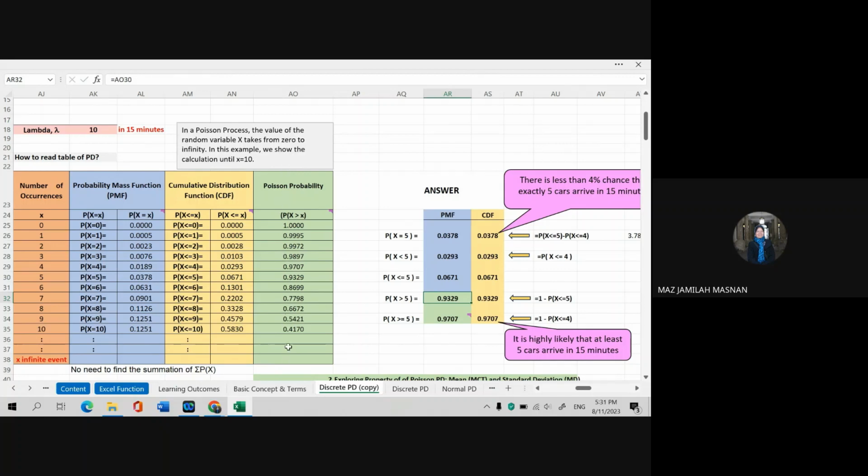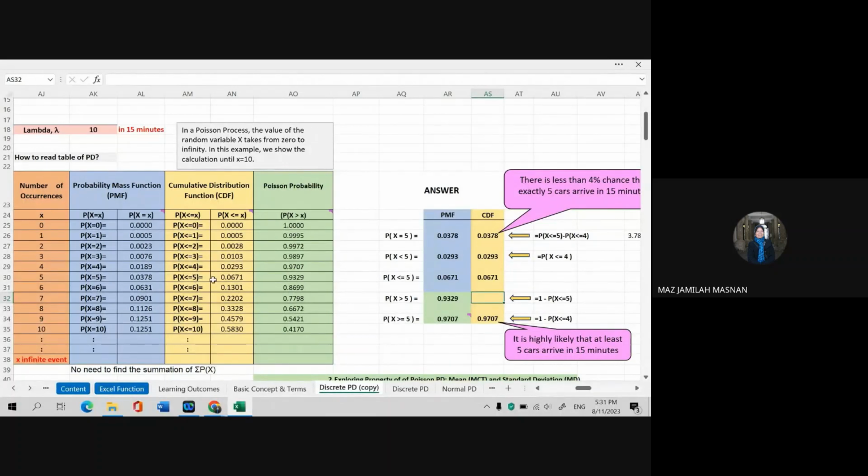So using the third column, go directly to 5, equal to 5, greater than 5. So it would be 0.9329.